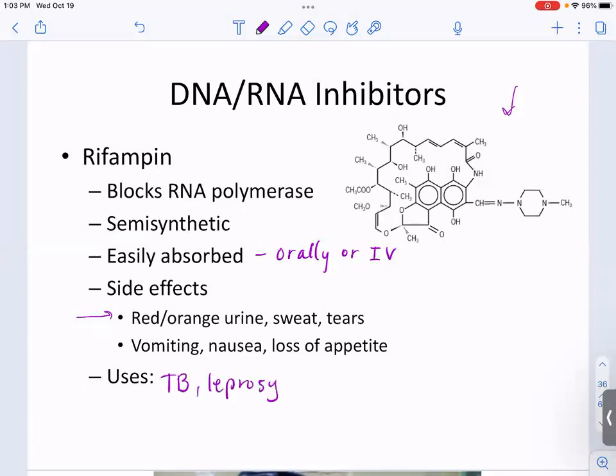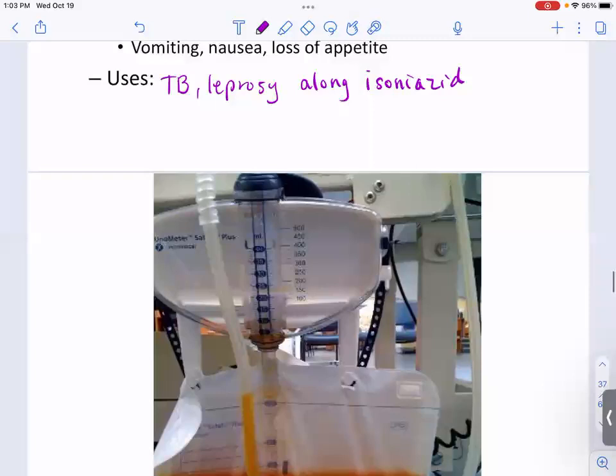A couple of infections that we don't have a lot of options for. So along with, remember the other drug that we usually use for TB, isoniazid. That was the mycolic acid synthesis blocker. Okay. All right.